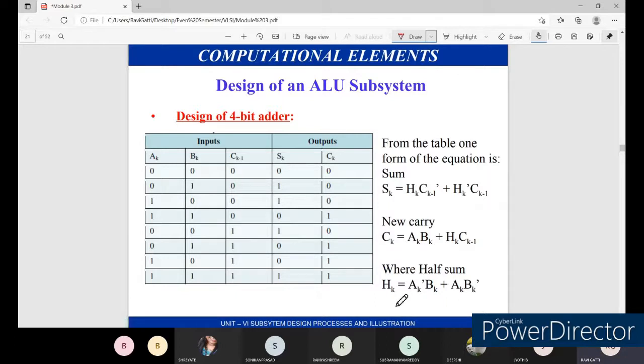You can see here the input terminals A, B, AK, BK and CK, and the output terminals are SK and CK.